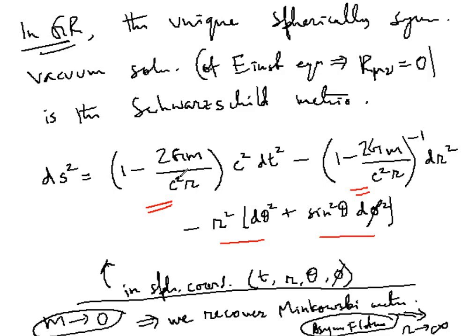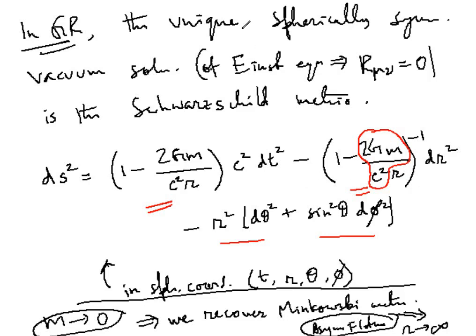What happens when r tends to 0? This term becomes infinite. Now look over here, this entire term is 1 by something. Now what happens when r becomes equal to this entire term? Then this term becomes equal to 1. So 1 minus 1 equals 0, and 1 by 0. So this term again blows out, right?